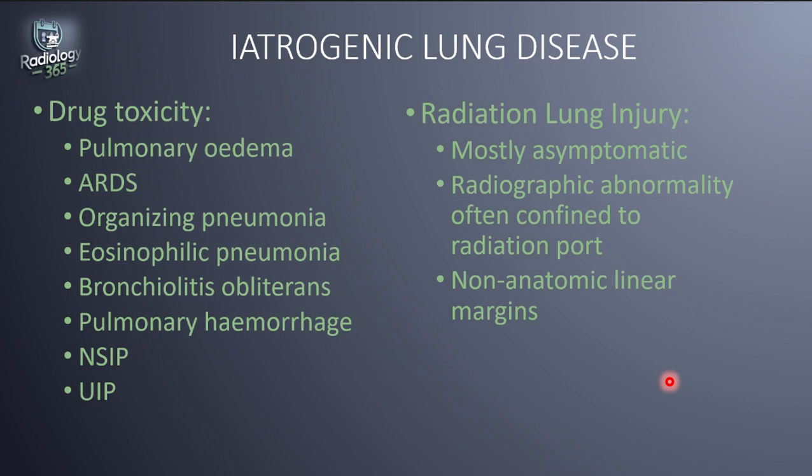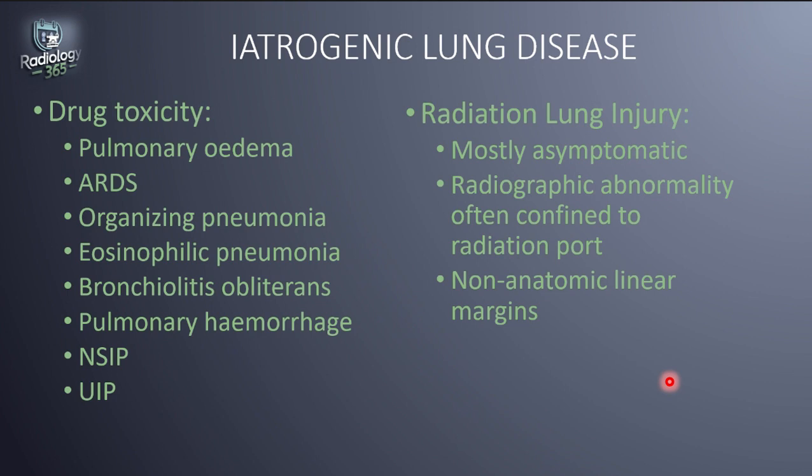We've seen ARDS, we've seen organizing pneumonia, eosinophilic pneumonia, bronchiolitis obliterans. We've seen pulmonary hemorrhage, non-specific interstitial pneumonia, and usual interstitial pneumonitis. We've seen all these patterns of lung disease, and the fact of the matter is pulmonary drug reaction, most commonly to cytotoxic drug, may elicit any of these injury responses.